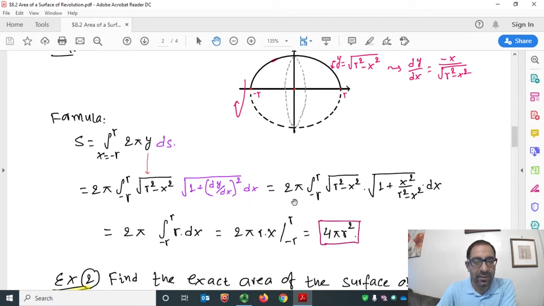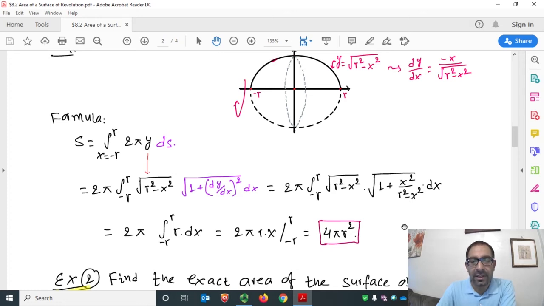The next step equals 2 pi as it is, the definite integral as it is, the square root of r squared minus x squared as it is, and then here we plug in dy/dx equals negative x over the square root of r squared minus x squared, squared, here times dx.